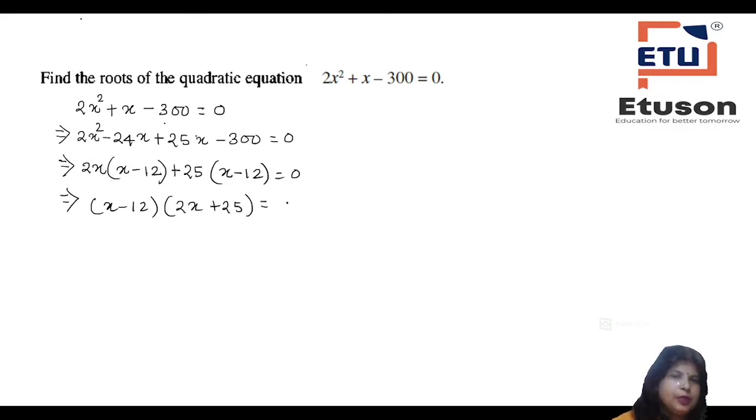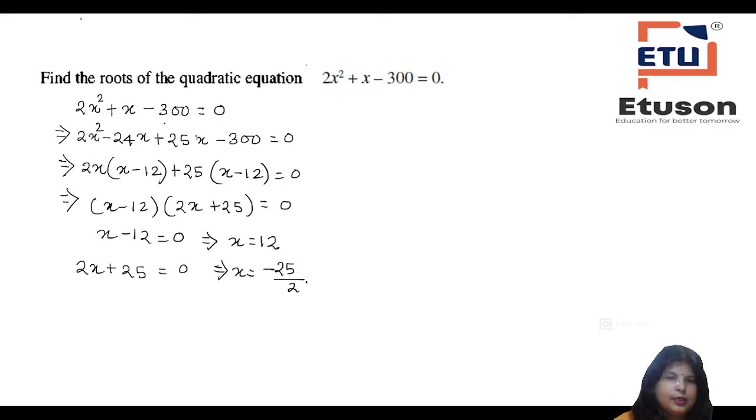So after obtaining the factors, what next? You have to equate each factor to 0. So you have x minus 12 is equal to 0. If x minus 12 is equal to 0, then x is equal to 12. Similarly, if 2x plus 25 is equal to 0, it implies x is equal to minus 25 divided by 2, that is minus 12.5.